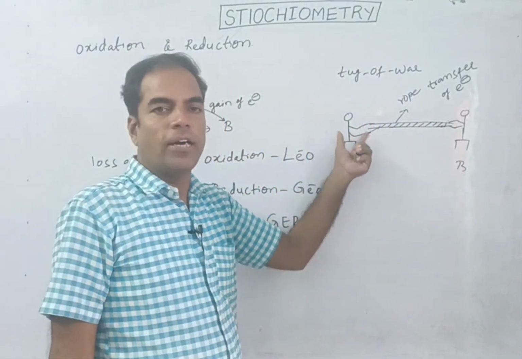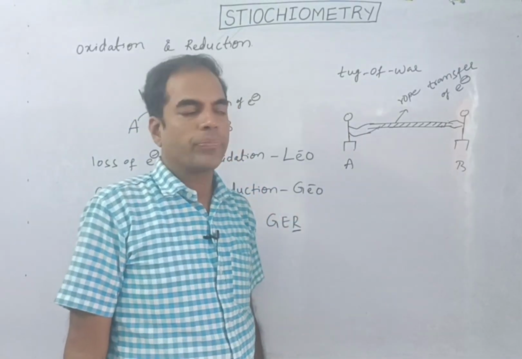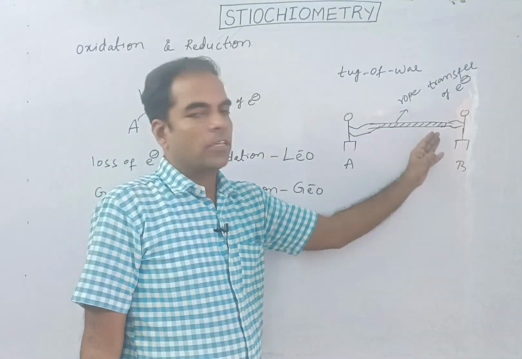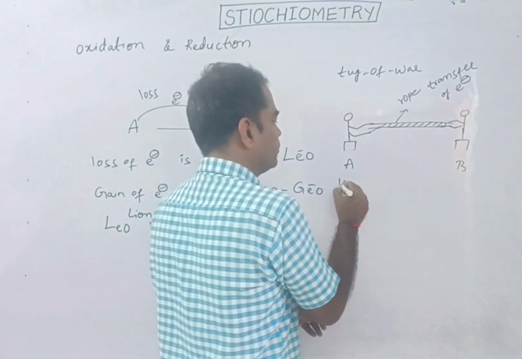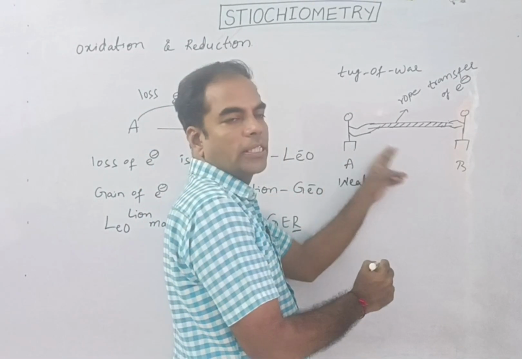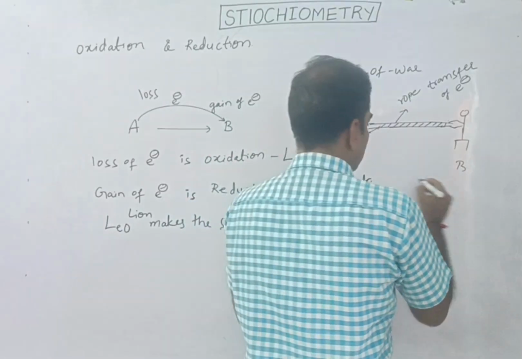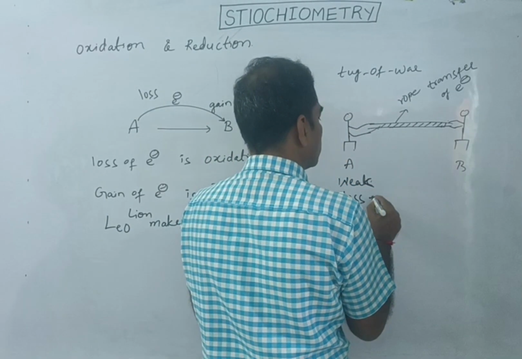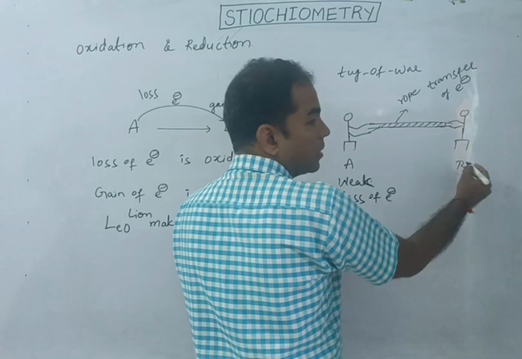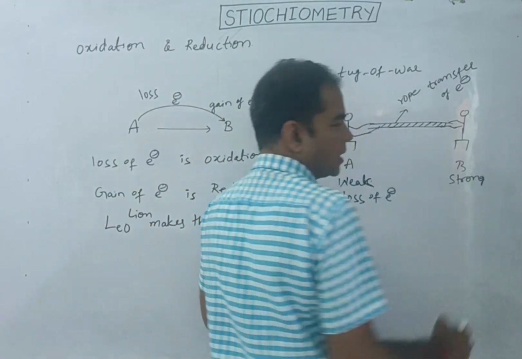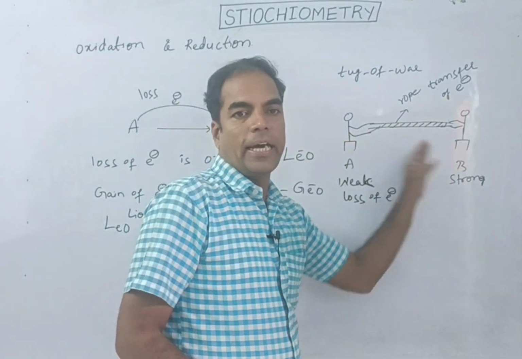Here A is one team and B is another team. Team A tries to lose the electron, that means it is a weak team. When team A loses electron, team B gains electron. Team B is a strong team. How can we say strong team? It gains electron.